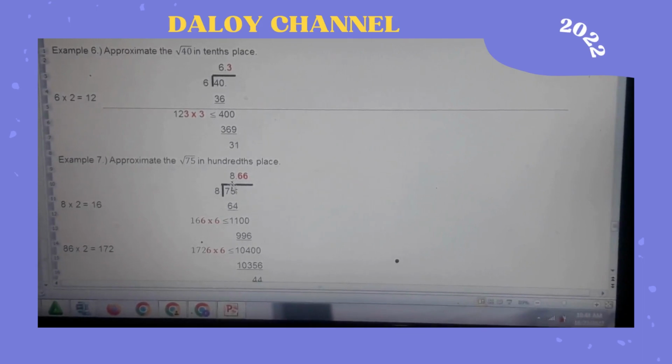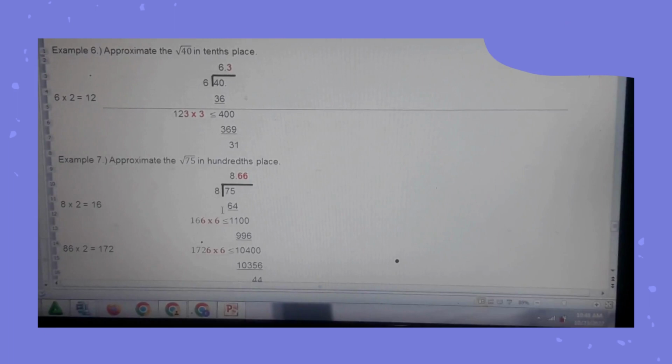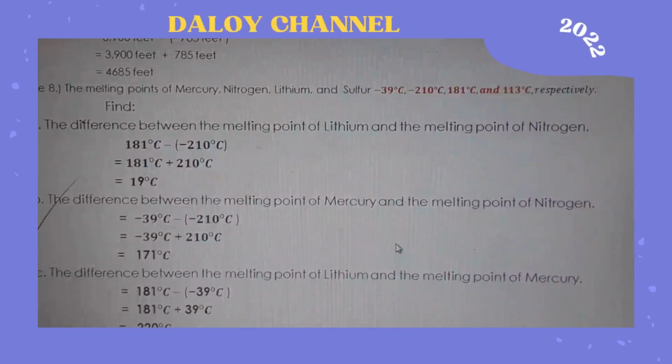So we put 8 here as a reference so that we multiply 8 by 8. The melting points are negative 210 degrees Celsius, positive 181 degrees Celsius, and negative 39 degrees Celsius respectively. In letter A, you are required to find the difference between the melting point of lithium and the melting point of nitrogen.